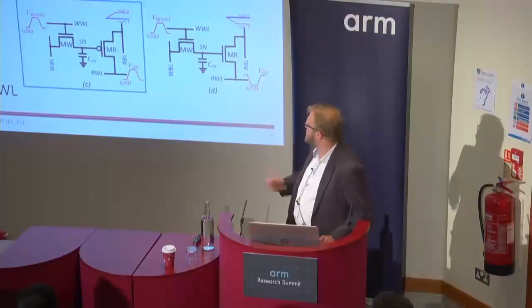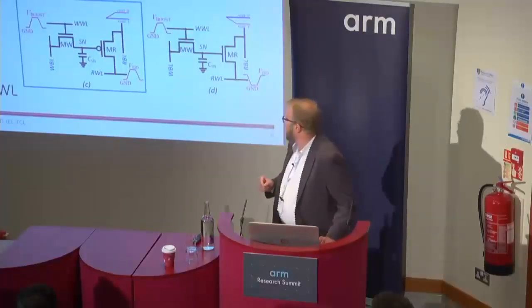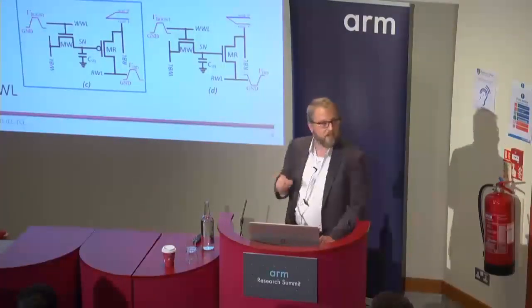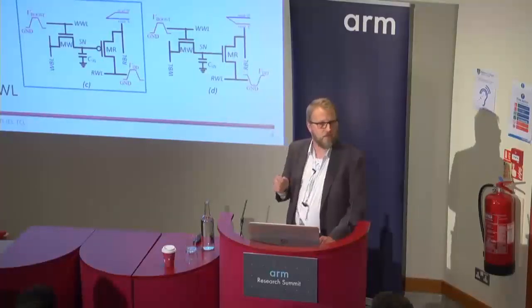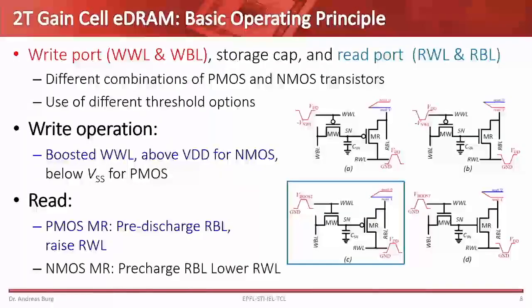We first pre-discharge the read bit line, and then we apply a pulse through the read word line, and that is what addresses our memory. Depending on whether the read bit line gets charged or not, that determines whether there was a 1 or a 0 inside this memory. So that's the basic functioning principle of our smallest possible cell that we can realize.